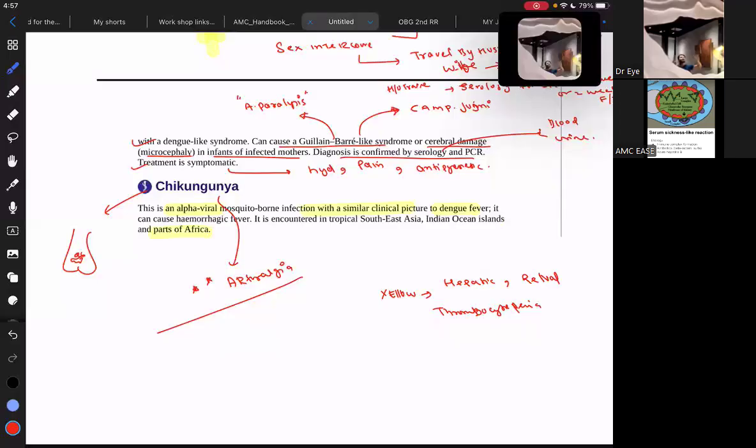We talked about dengue, where the patient had thrombocytopenia, but if the patient also has hepatic and renal failure, then it is a case of yellow fever. This is the reason that yellow fever is also called the hemorrhagic fever of the tropical area.